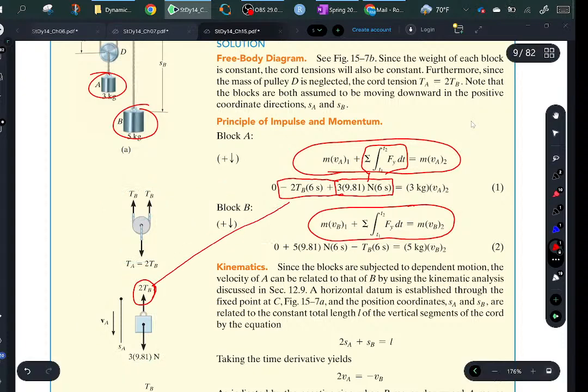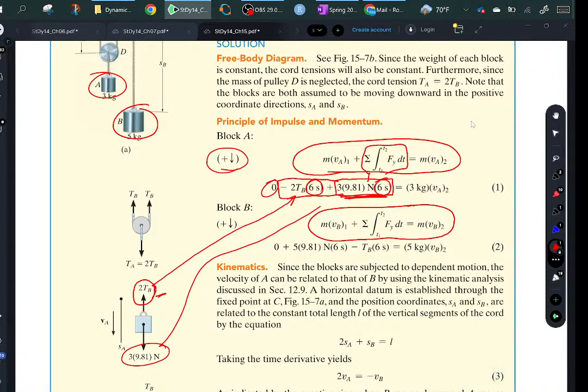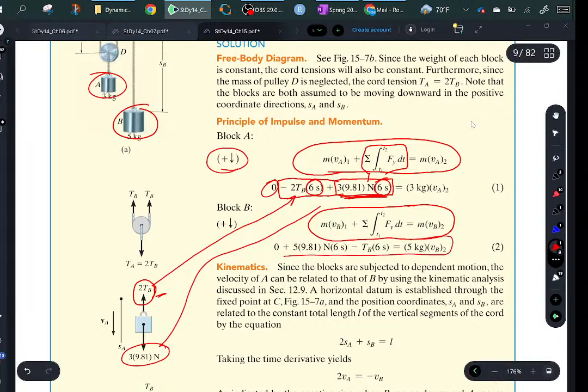Because this GT right here, I decided this to be positive, so therefore this one's negative. You have this one. They both occur over 6 seconds. Your initial speed is 0, and you are almost in the position of solving this if you had the tension.